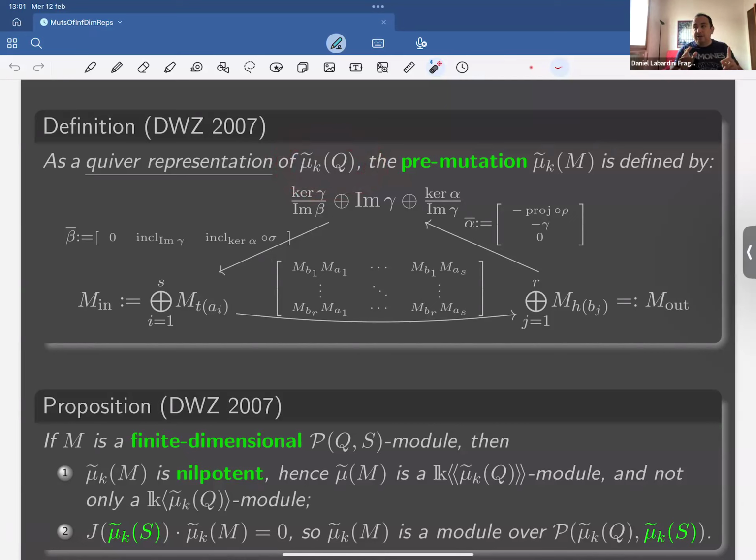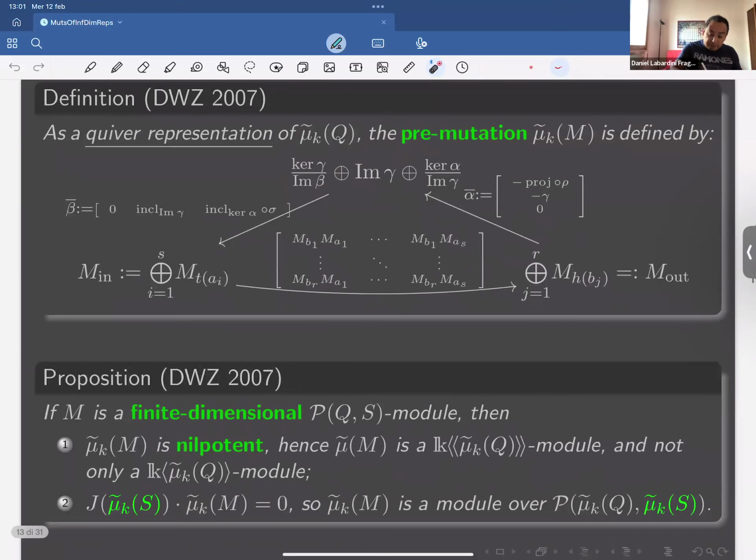And having those linear maps attached to the arrows of these quivers amounts to having a module over the path algebra. But for technical reasons that have to do with the removal of 2 cycles, one really needs a module over the complete path algebra.